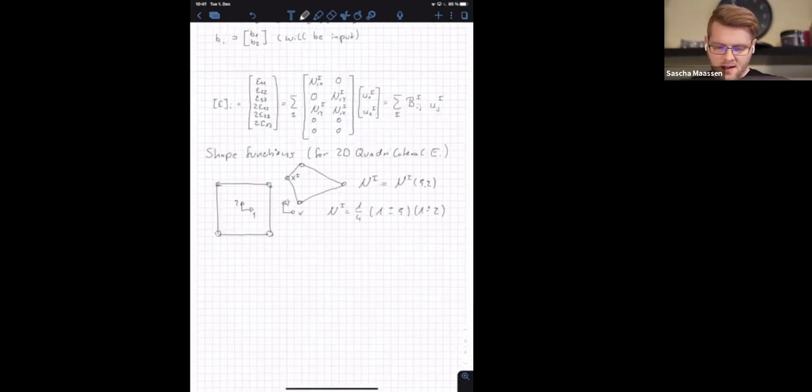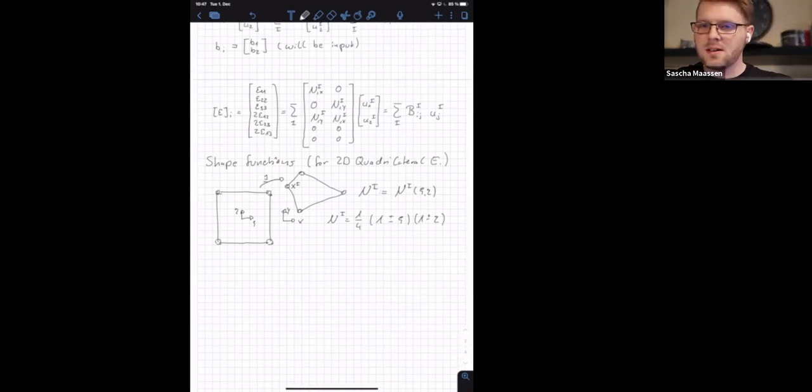Okay. So once more, for repetition, we have this mapping between the physical space and the parametric space. I see there was a question. Oh, yes, you're right. Thank you very much.